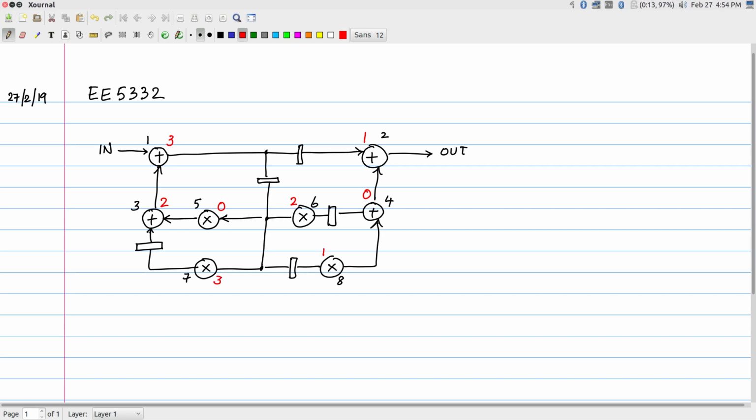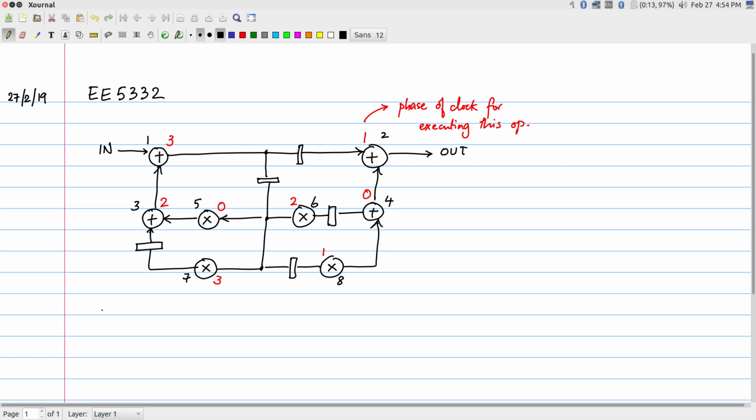So the red numbers, in other words, indicate the phase of clock for executing that operation.